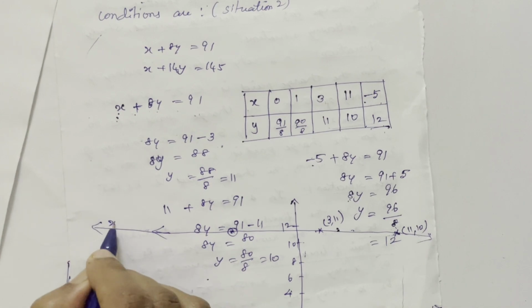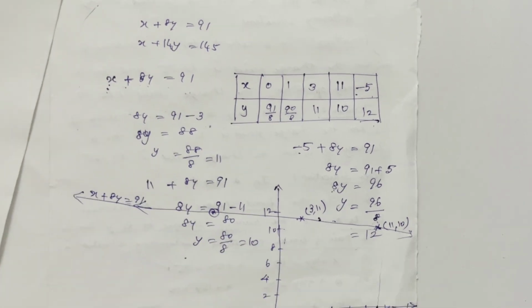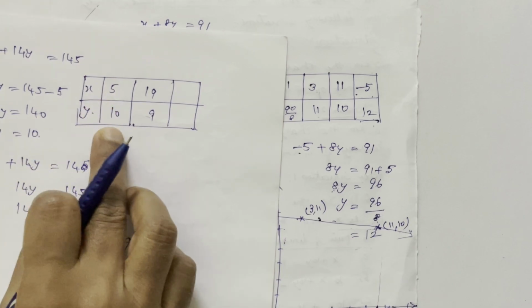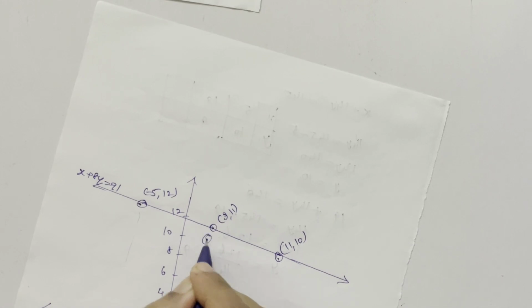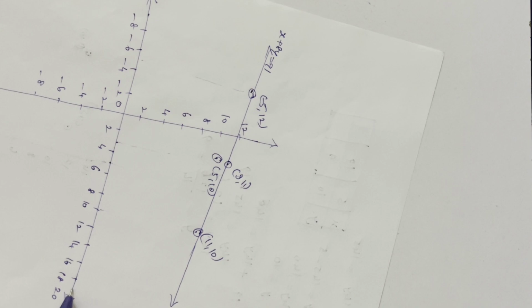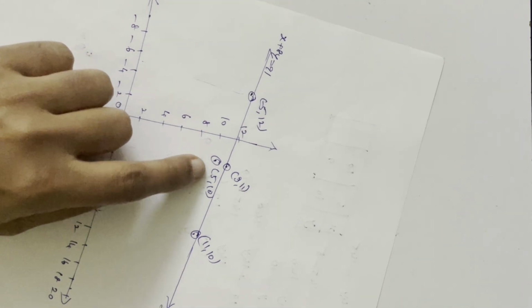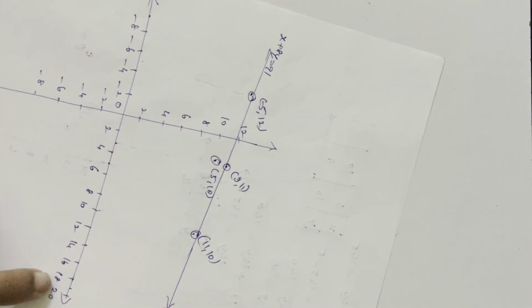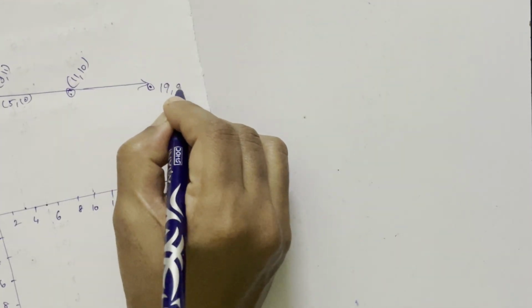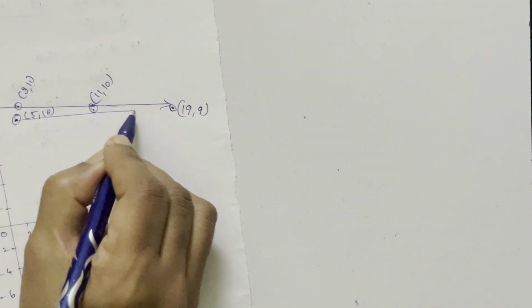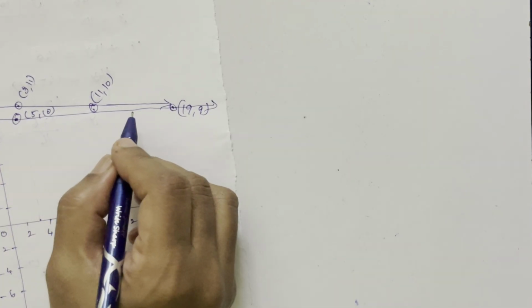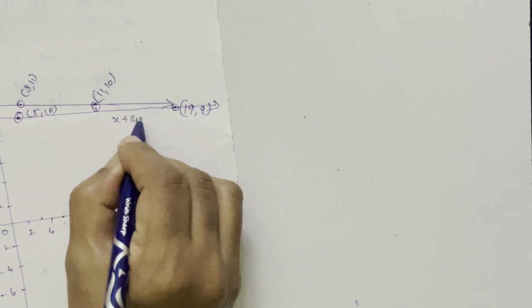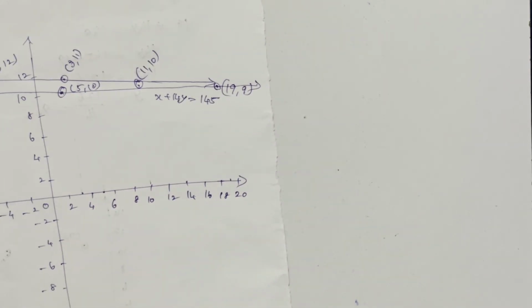This line is for x plus 8y equal to 91. For these 2 points, x5 y10 and x19 y9, join these 2 points. This line corresponds to x plus 14y equal to 145.